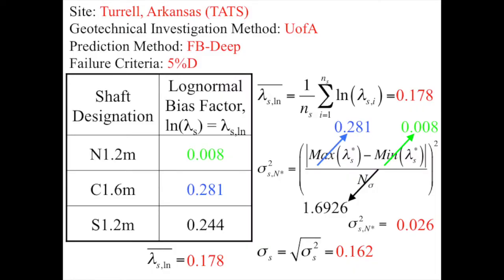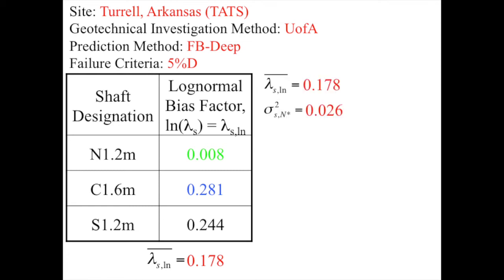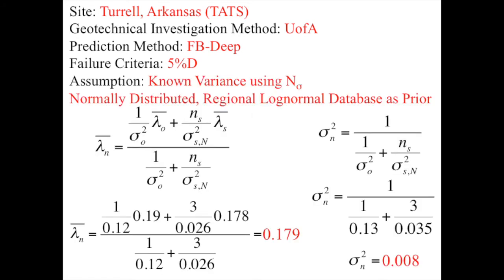The average and variance values of the natural logarithm of the data, 0.178 and 0.026, respectively, in case 4 were identical to the values from case 1b. The mean and variance of the posterior distribution parameters of 0.179 and 0.008 were then obtained by weighting the data with the data from the Abu-Farsak prior distribution.